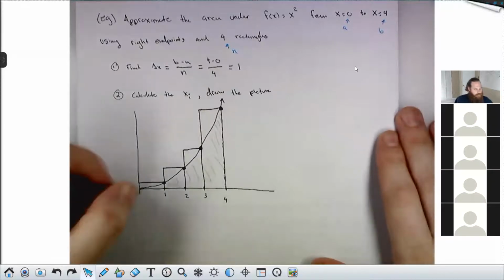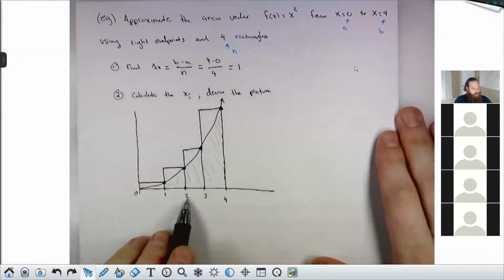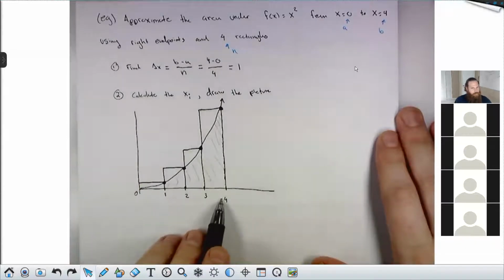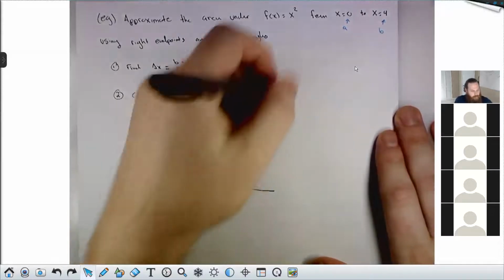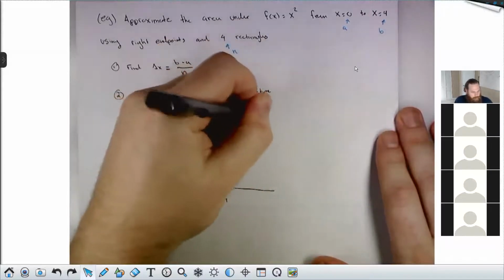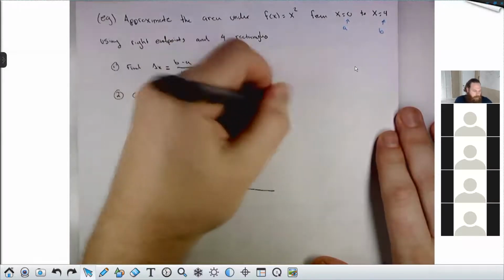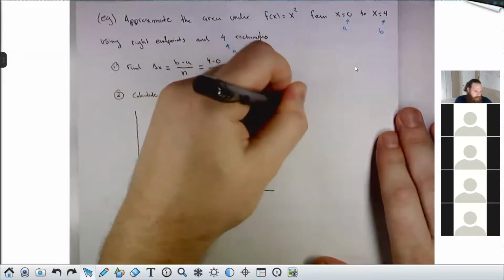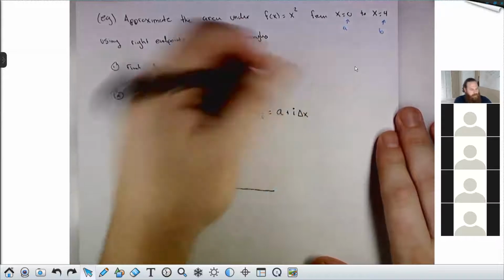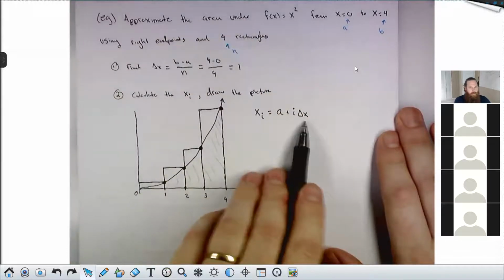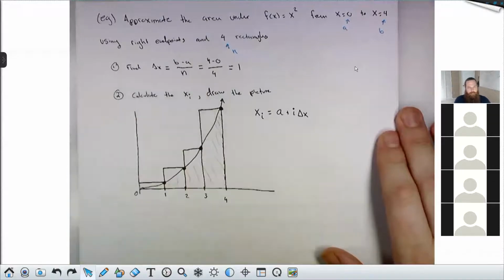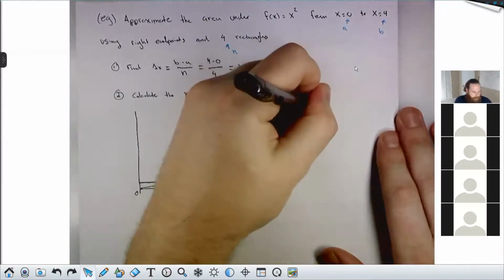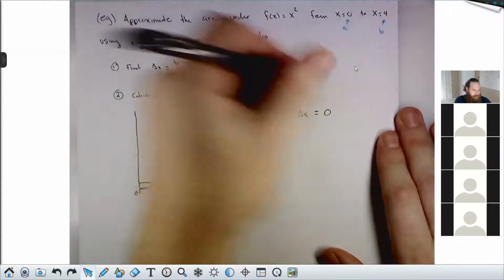I could tell you that x0 is 0, x1 is 1, x2 is 2, x3 is 3, and x4 is 4 just from the picture. But for practice, let's also use the formula. xi is a plus i times delta x. And it's because this formula involves a delta x that we have to find delta x first. Now a here is 0.